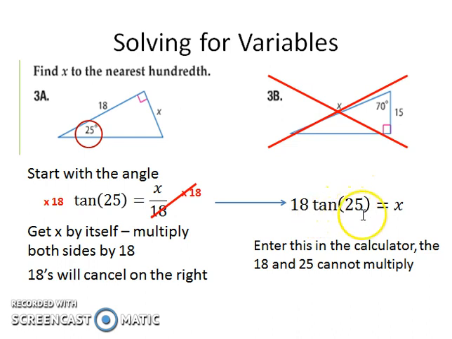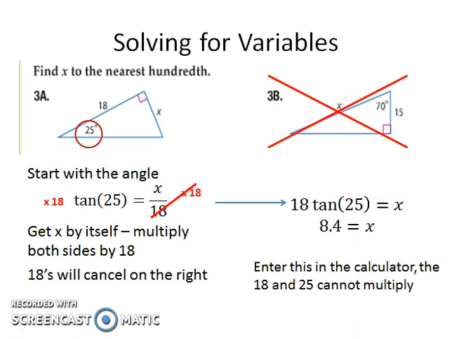This tangent of 25 is its own unique number, and that number is multiplied by 18. When you enter that into the calculator, 18 times the tangent 25, you should get your final answer. And that answer is approximately 8.4.